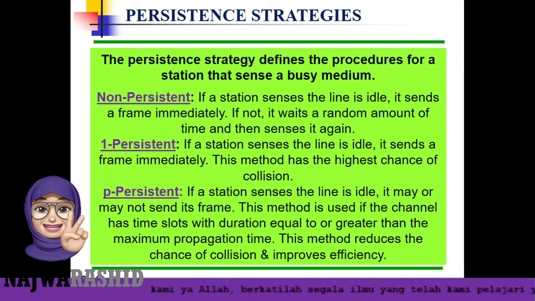This method is used if the channel has time slots with durations equal to or greater than the maximum propagation time. So we only use this method if the channel has time slots. This method reduces the chance of collision and improves the efficiency compared to the other persistent strategies.